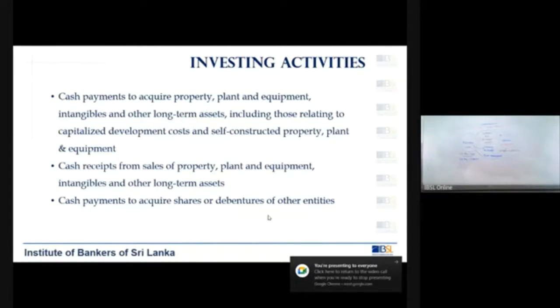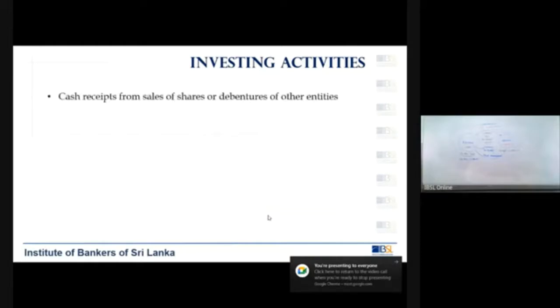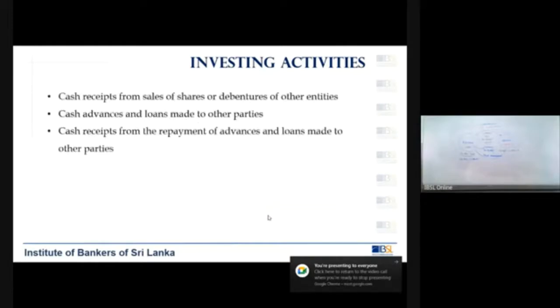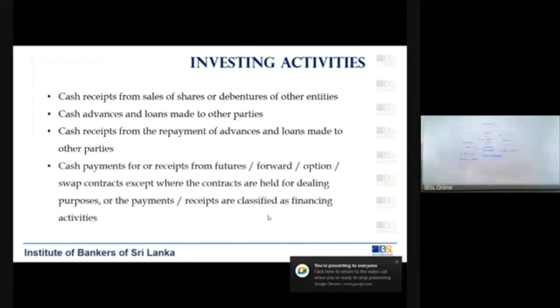Then also you can say cash payments to acquire shares or debentures of other entities. That is also possible. You can invest in companies where they have shares or debentures. Okay. So likewise, there are so many examples under investing activities.